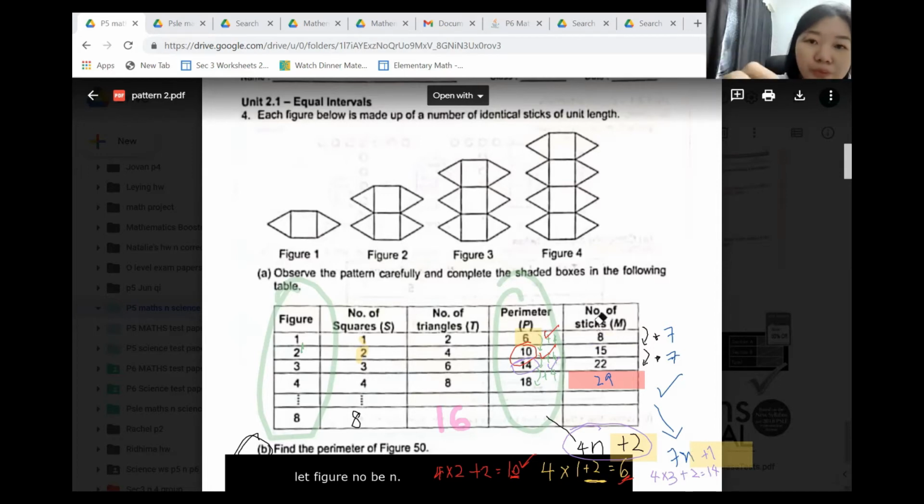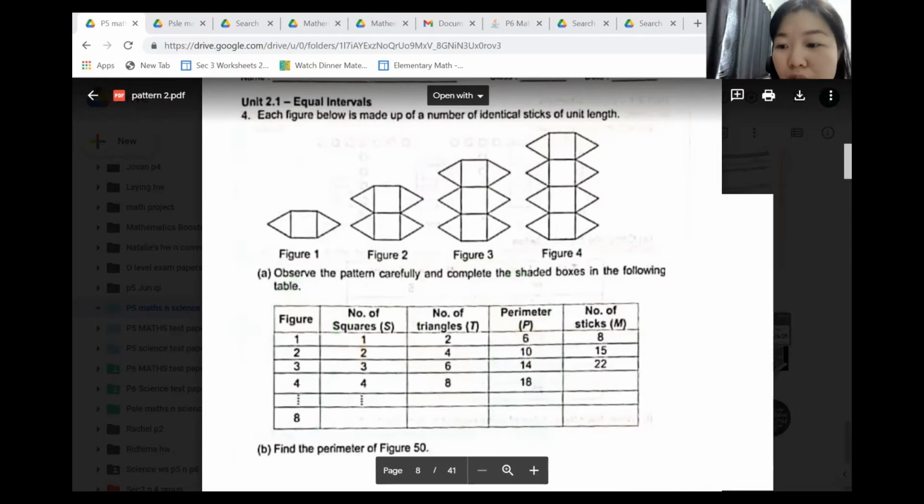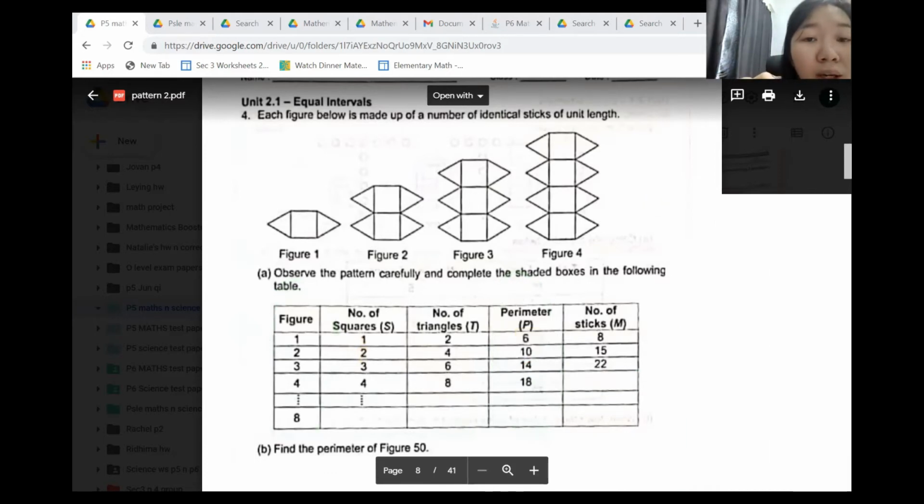Because I have limited space, I'm going to create some space here so that you can see clearer. So what I have here is basically my parameter. Just now we already found that our n term is equals to 4n plus 2.